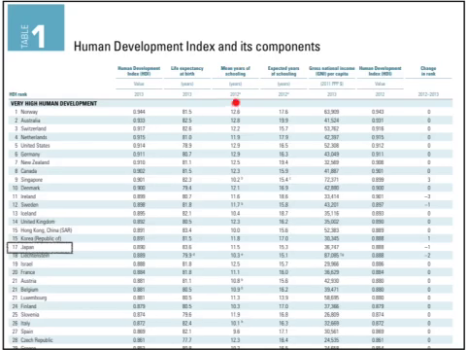Then the mean years of schooling and expected years of schooling, meaning that this is the actual number of years that people go to school, but this is what the government expects. And yes, the GNI next, the gross national income per capita. As you can see, Japan is ranked number 17 with a 0.890 index.